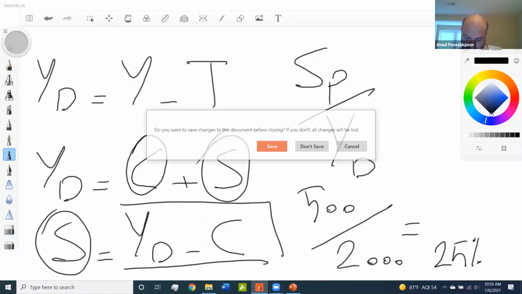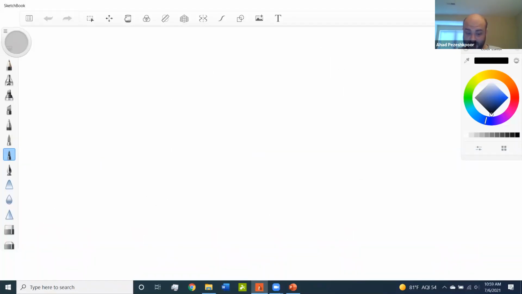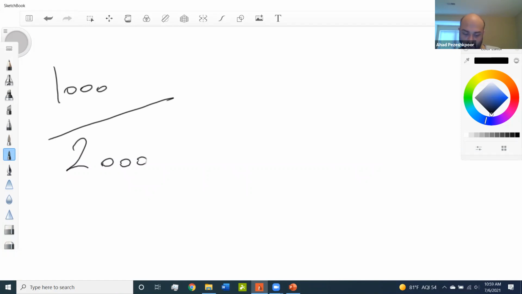Another person receives the same income every month, $2,000, and saves like half of it, $1,000. That person's saving rate is 50%.